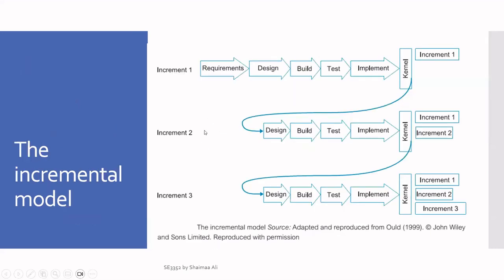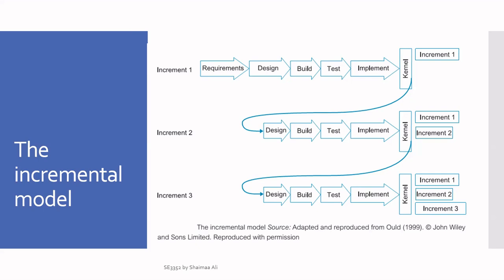So as a first attempt, they started the incremental model. In here, we said, okay, we're gonna start with some requirements, so all the requirements have to be collected first. Then we don't have to do all the design and all the building at the beginning. We have one increment where some aspects are designed and implemented.